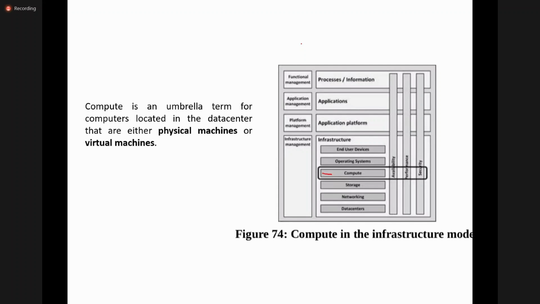So the compute is an umbrella term, as seen from the definition here. It's an umbrella term for computers located in the data center that are either physical machines or virtual machines. From the concepts, if we are talking about computers and servers, we have to understand that there are two categories.